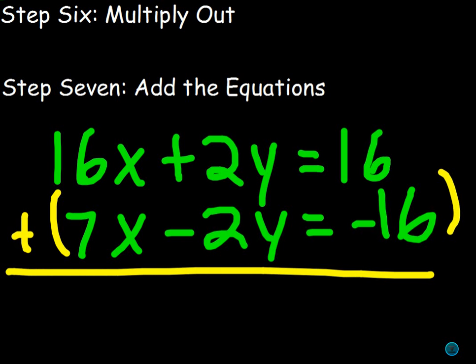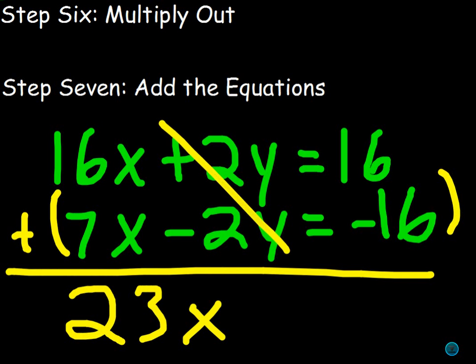What's 16x plus 7x? 23x. If you did it right, those y's will cancel, or your x's, depending on which one you choose. And then finally, 16 plus negative 16. And the 0? 0. So we get 23x equals 0.